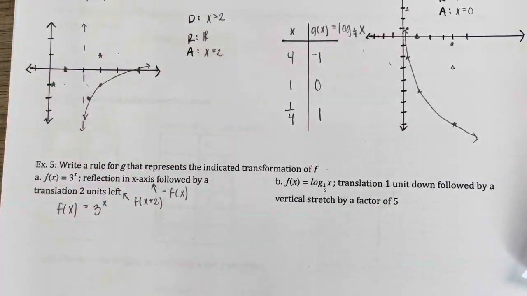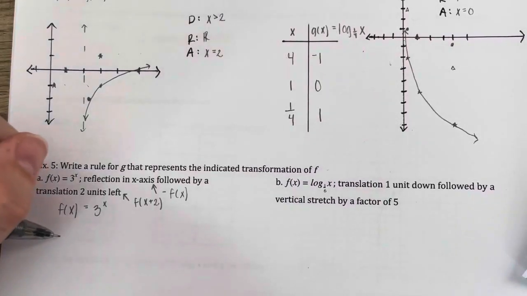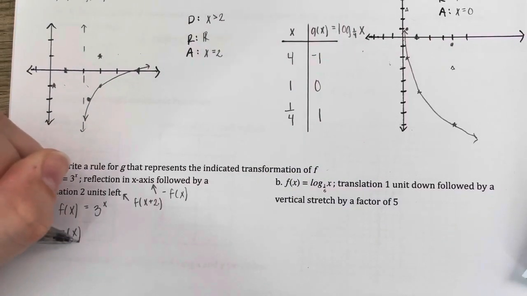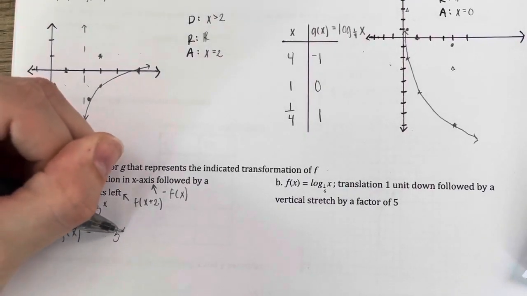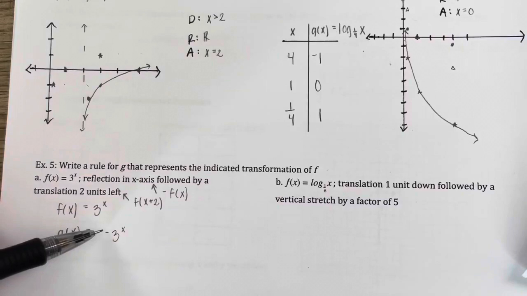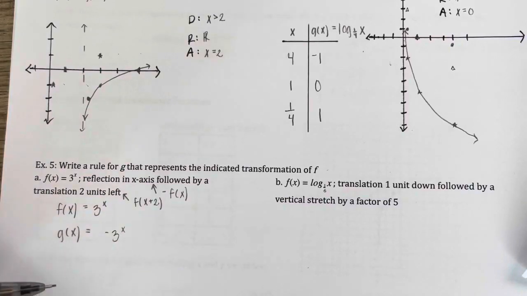So to go left, we're adding 2 to x. It's a little bit tricky with the wording, because sometimes it makes you feel like you need to use parentheses around the negative, but I'll call my translated function g of x. If I write my reflection first, so negative 3 raised to the x power, I can't put the negative in parentheses, because in order for it to be an exponential function, it has to have a positive base.